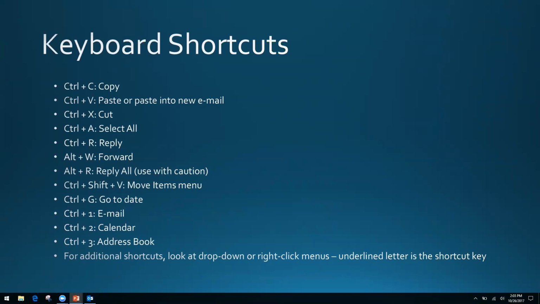So everybody knows, or most people probably know, that there is the keyboard shortcut, Control-C for copy, Control-V for paste, Control-X to cut, Control-A to select all. What's neat about Control-V is that if you copy a line of text or a block of text and then use Control-V, it will immediately pop open a new email window. So you can select the text, open a new email without having to click a bunch of buttons.